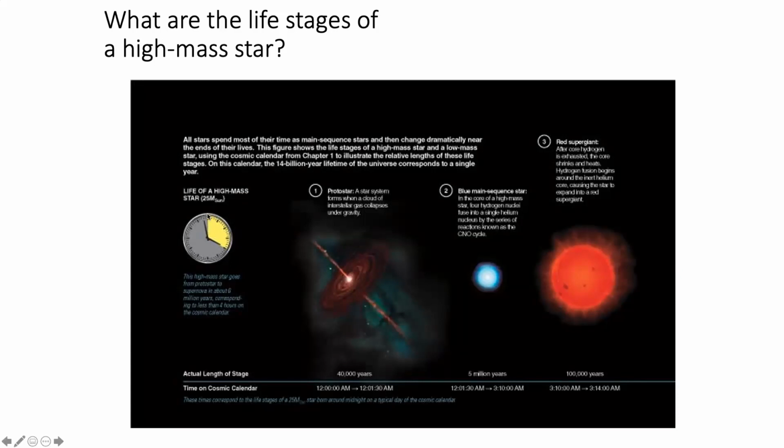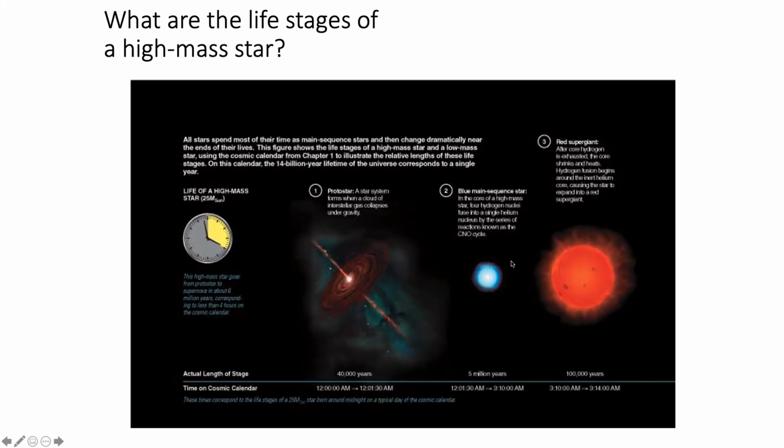You start out with a mass of about 25 times the mass of our sun. So this is a very, very large star. It's a protostar. By the time it becomes a fully fledged main sequence star, it'll be a blue color. It'll be very high temperature. Let a couple of billion years pass, and this blue main sequence star grows to become a red supergiant.